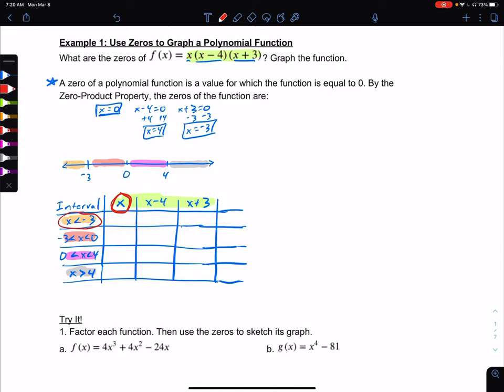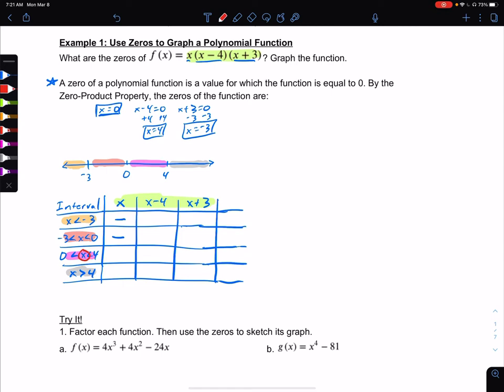If x is less than negative 3, we know that x is always negative, no matter what happens. And from the interval negative 3 to 0, as long as x is in between negative 3 and 0, it has to be negative.